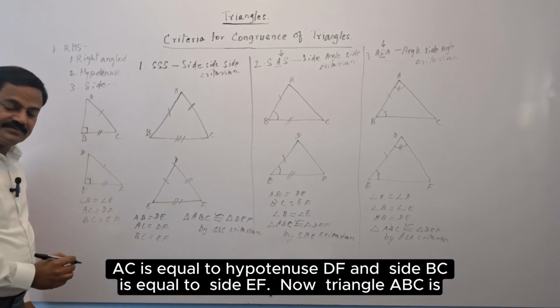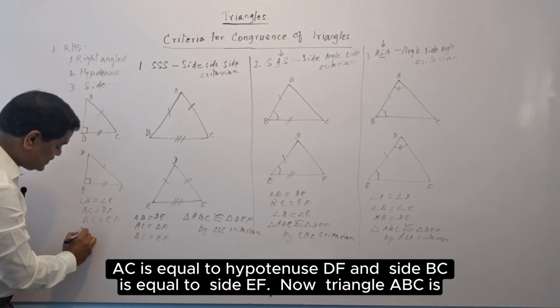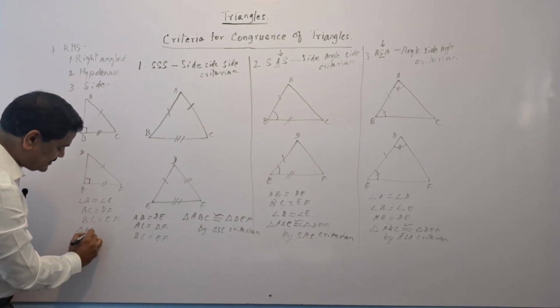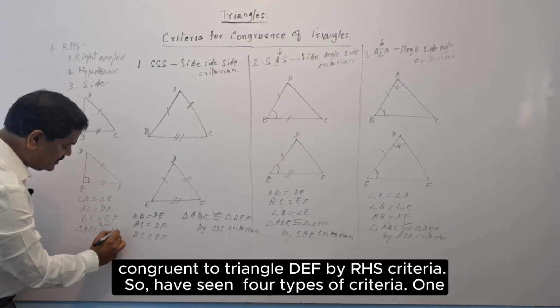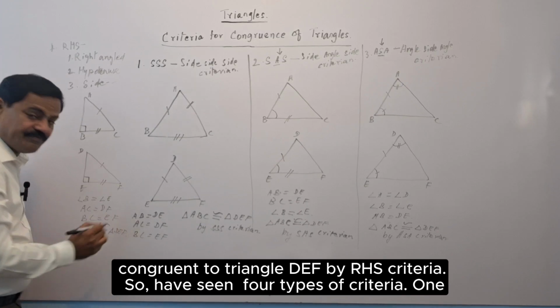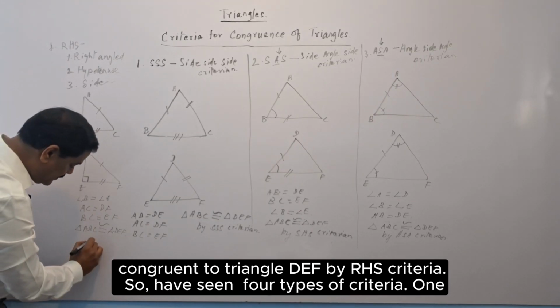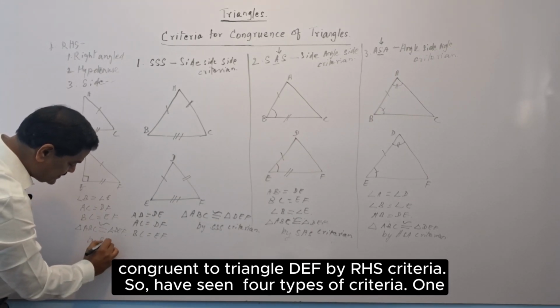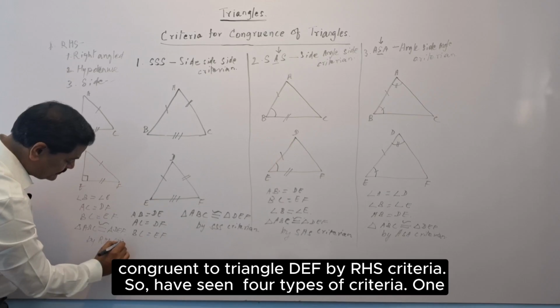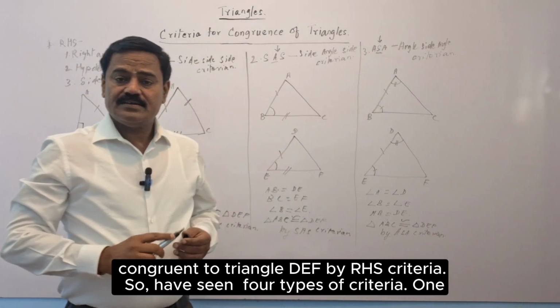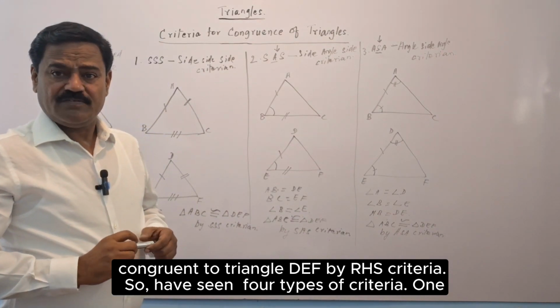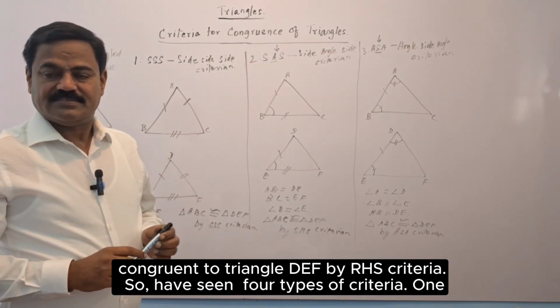Right? Now, triangle ABC is congruent to triangle DEF by RHS criteria. Right, students? So we have seen four types of criteria, right?